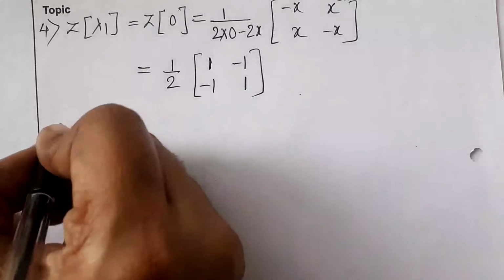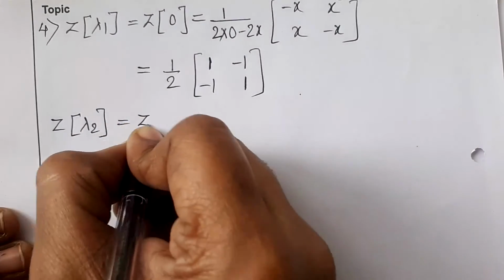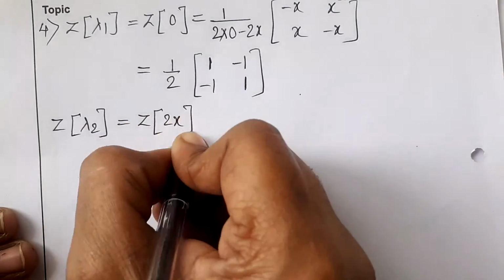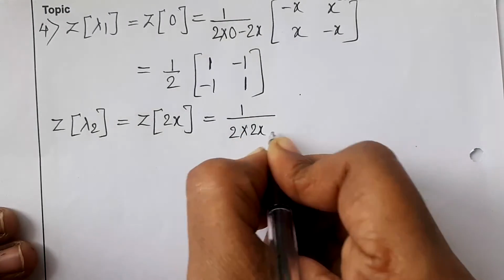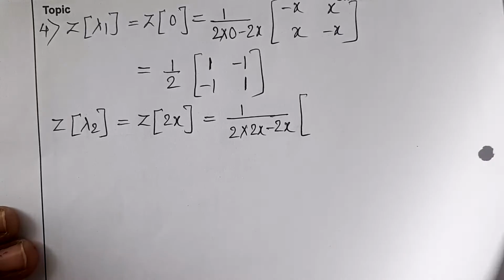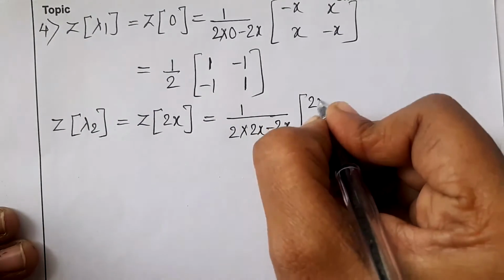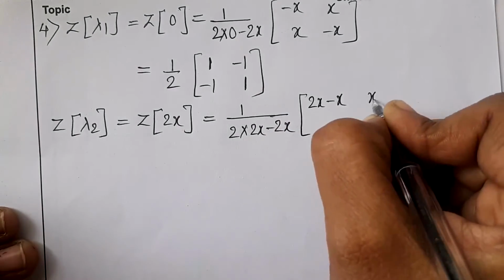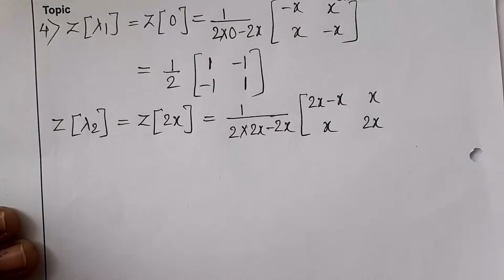Next we want z of lambda 2. So z of lambda 2 is equal to z of 2x. So this is equal to 1 upon 2 multiplied by 2x minus 2x, multiplied by the matrix with 2x minus x, x, x and 2x minus x.